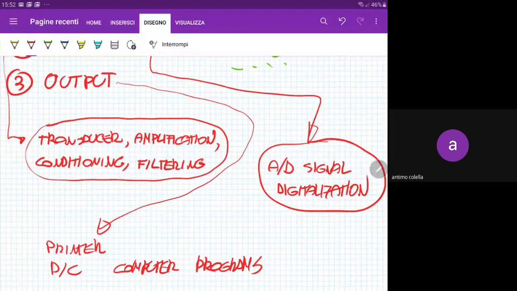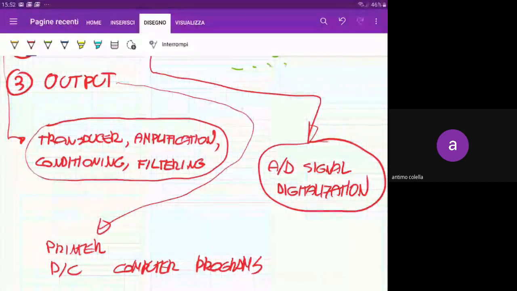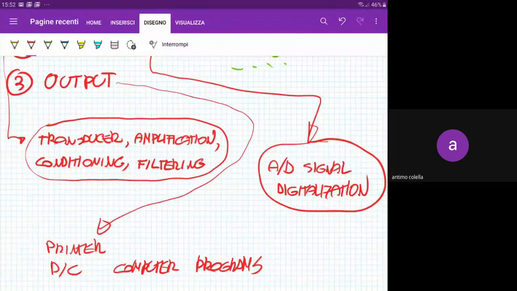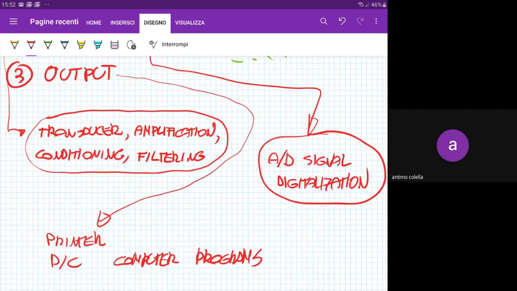Your own programs that are capable of estimating the physical properties once you know that physical variable, using direct properties from your measured quantity.